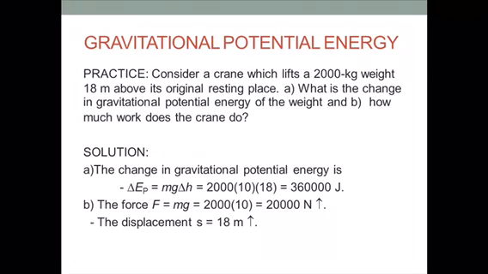The displacement we know from the situation is 18 meters upwards, which we can use to find work as 360,000 joules, which means that the change in gravitational potential energy and the work done against weight are equal.